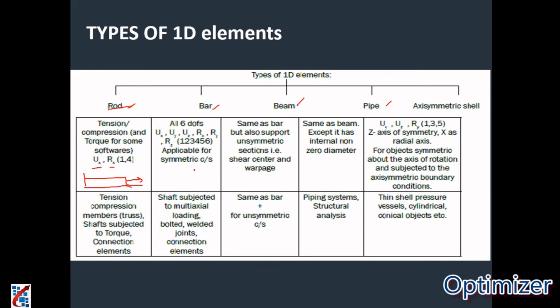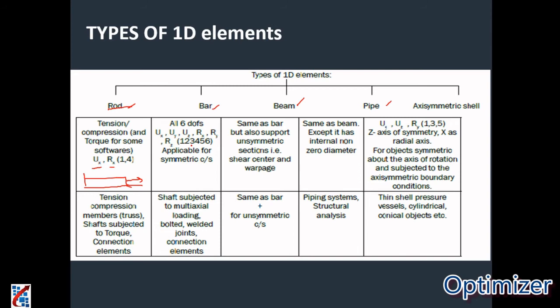Let us move to the next, the bar element. A bar element has a total of 6 degrees of freedom, that is translation in x, y, z and rotation about x, y, z. These numbers 1, 2, 3, 4, 5, 6 denote the degrees of freedom: ux is 1, uy is 2, uz is 3, that is translation in z, and likewise 4, 5, 6. This is applicable only for symmetric cross section area.